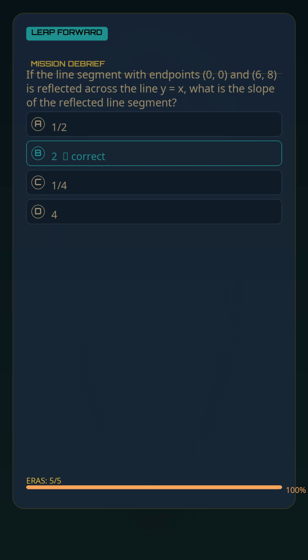My apologies for my lengthy explanation. In short, after reflection across y = x, the slope becomes the reciprocal, since the x and y are flipped. After reflection, the slope is indeed 3/4.